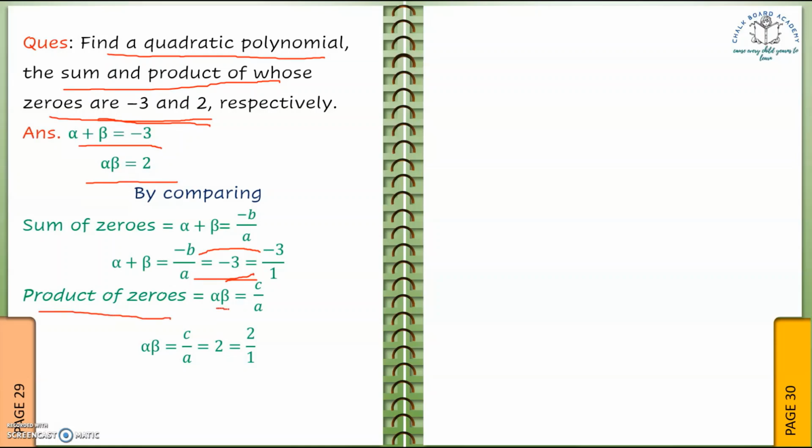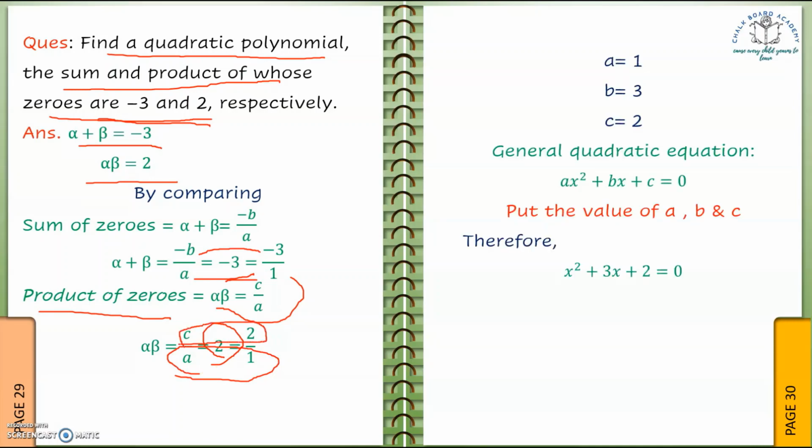Alpha into beta is equal to c by a, and alpha into beta is given to us as 2, which can be written as 2 by 1. So here also we know already a is 1, here also it is given as 1, so we get c as 2. So now the values of a, b and c are: a is equal to 1, b is equal to 3 and c is equal to 2.